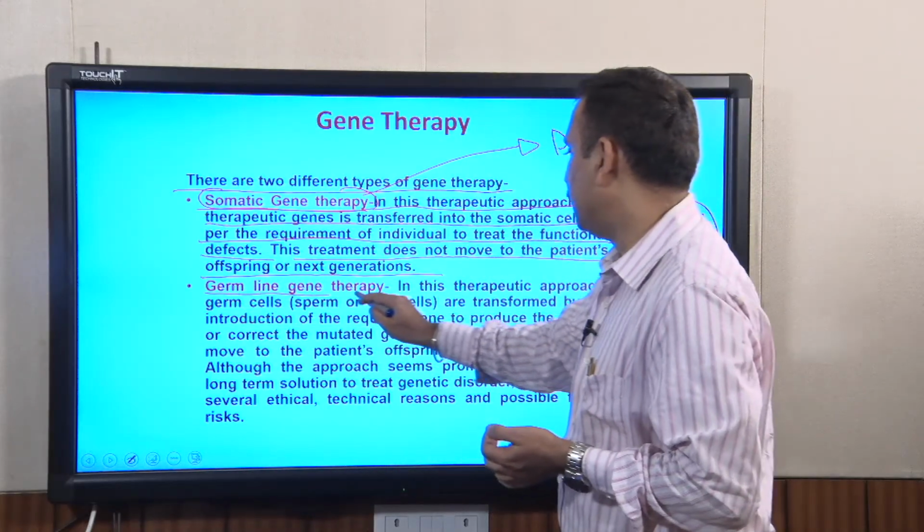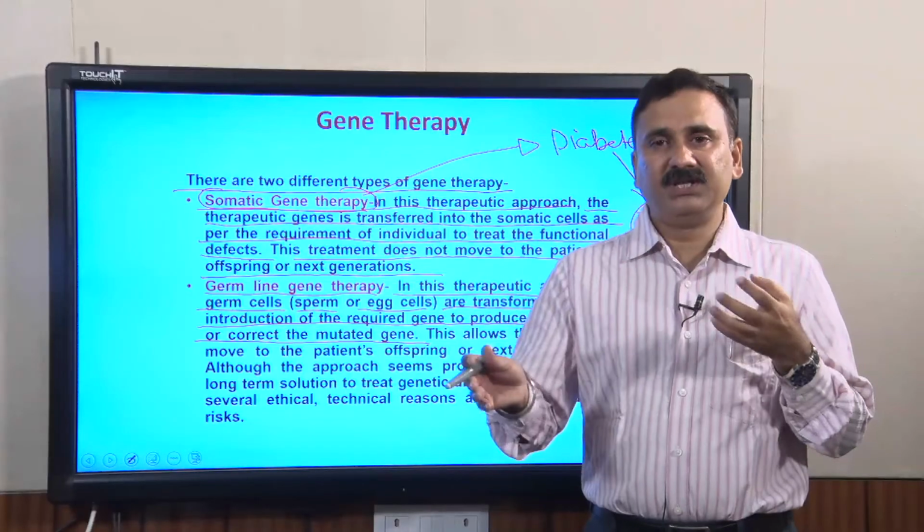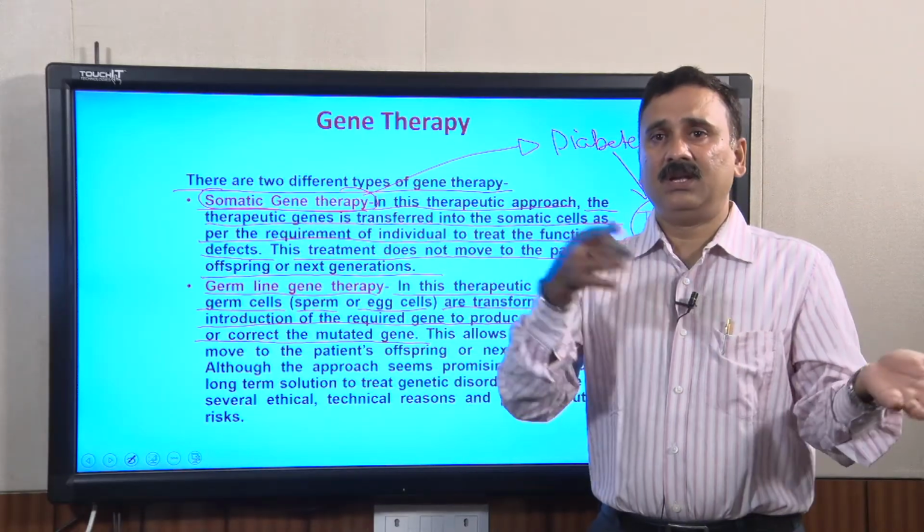Whereas, in germline gene therapy, in this therapeutic approach, the germ cells, for example sperm or egg cells, are transformed by the introduction of the required gene to produce the protein or correct the mutated gene. In some cases people only have mutations; they do not have a problem of overexpression or lack of expression of this gene, they have a mutated gene. In those cases you can make the correct gene, and then use homologous recombination to replace this gene in the genome.